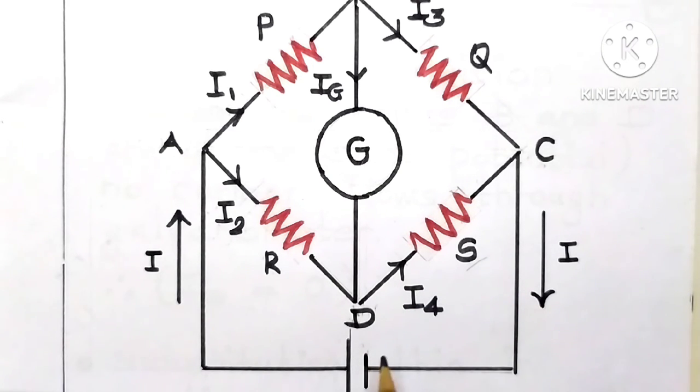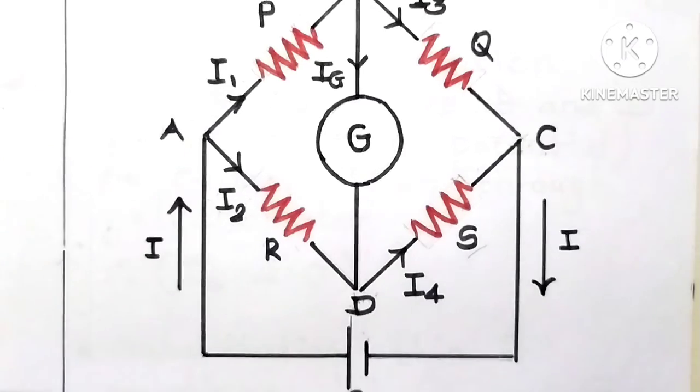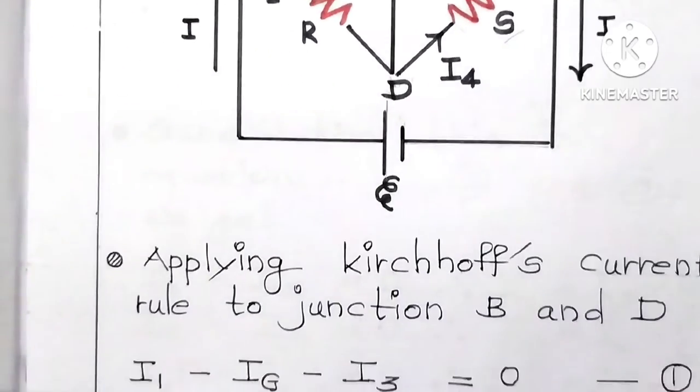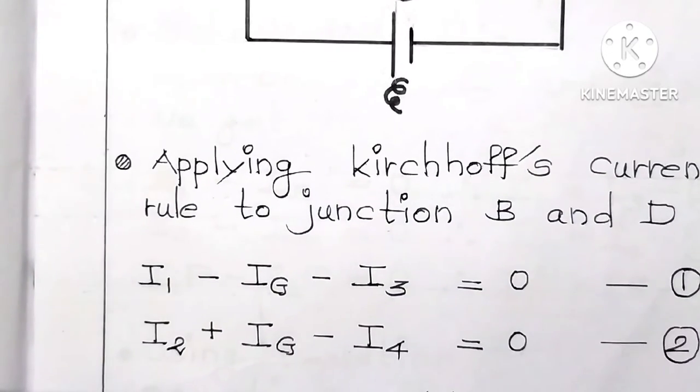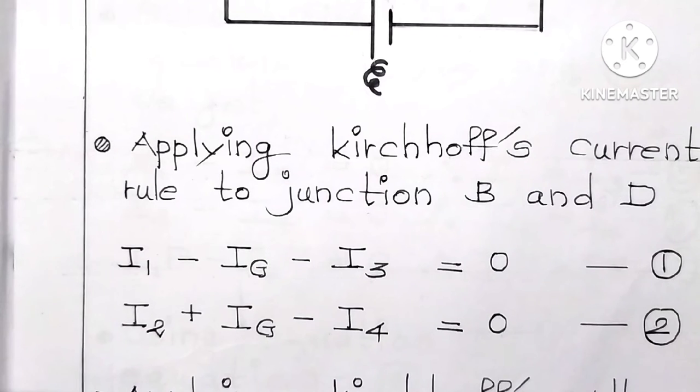Their algebraic sum is equal to 0. This is the equation for junction D: I2 plus Ig minus I4 is equal to 0. Let it be equation number 2.